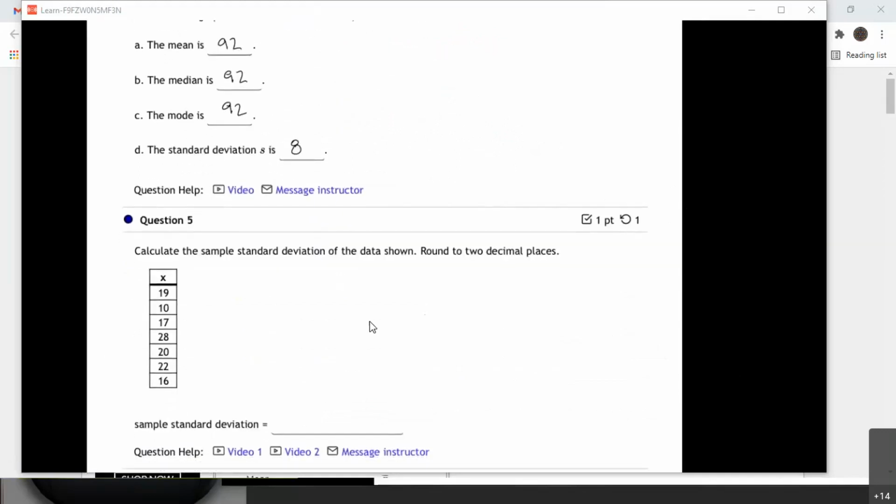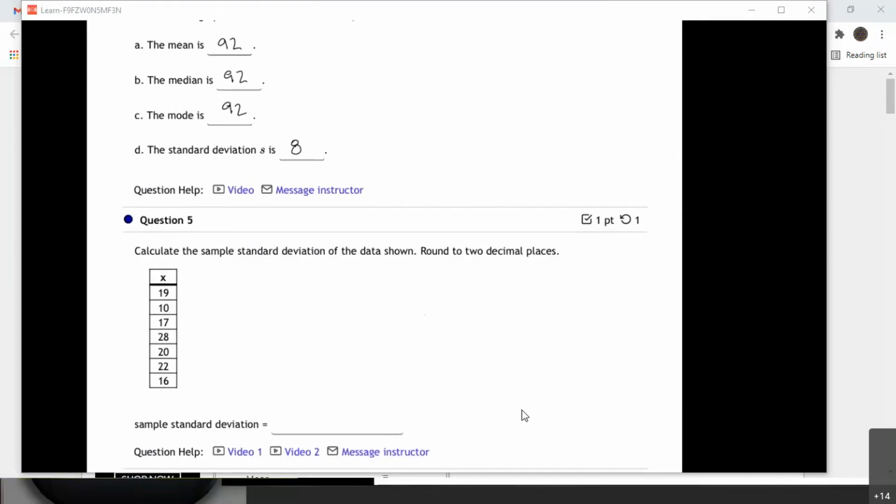All right, they're giving us a single set of scores. We've got 7 of them, and they want us to calculate the standard deviation. We're going to use a calculator. We're not going to do it by hand. I'm going to try putting these data into my online calculator. You can also put this in a list in the TI-84.